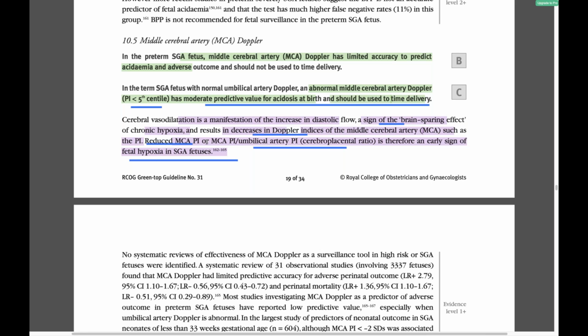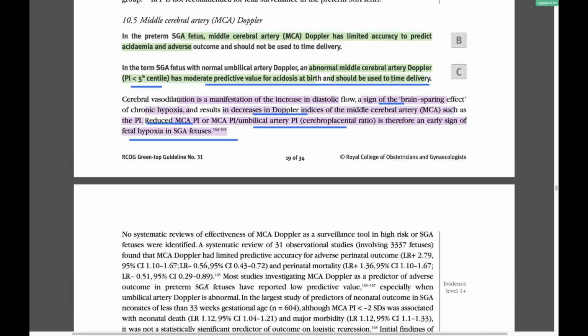If reduced MCA PI is there, then we will know that the brain sparing effect because of chronic hypoxia has already started. This is just for knowledge. The question doesn't come from here.